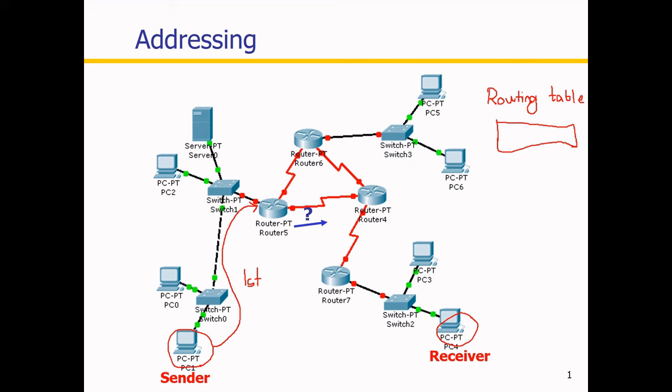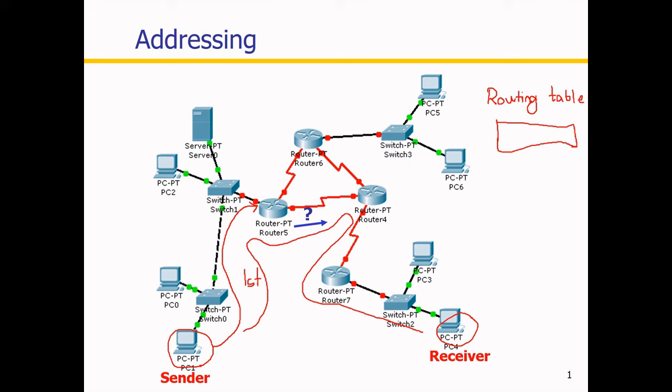For this particular scenario, we'll be choosing the shortest path. If you look over here, the shortest path is going to be from here to here. If you go through router 6, this is going to be a longer route. These routing tables run multiple routing protocols. You can look into RIP, OSPF, and so on. But for ease of understanding in this scenario, we're going to be choosing the shorter path.